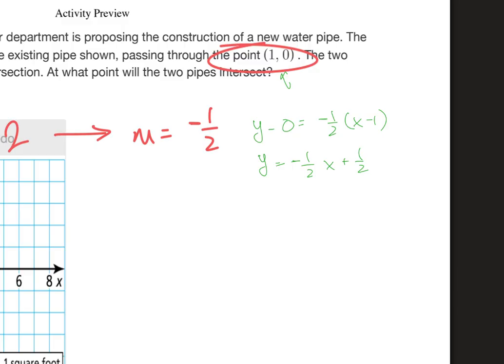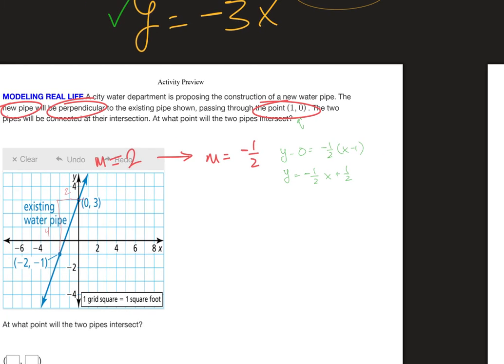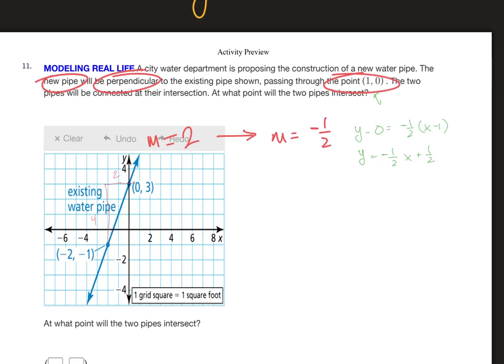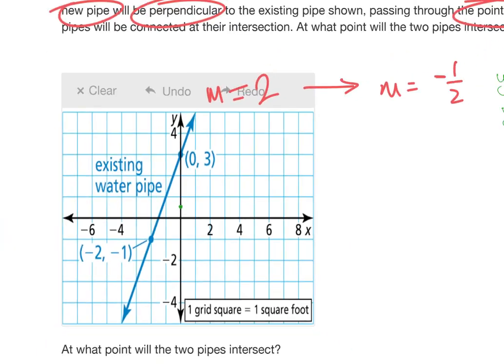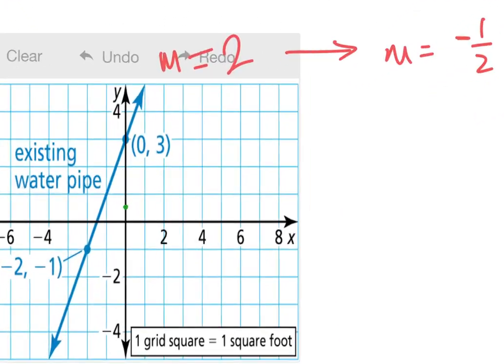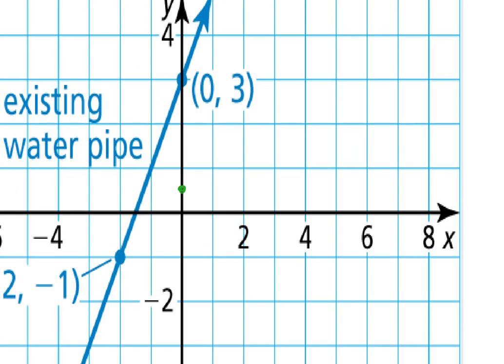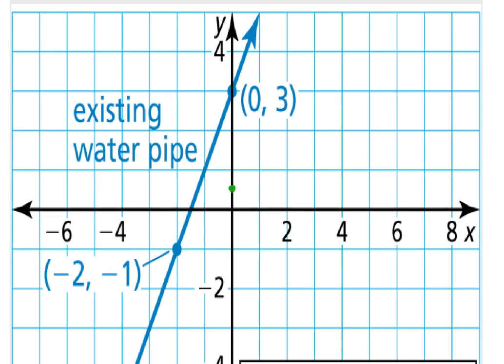1/2. Okay, so let's go over here, see if we can graph it and kind of get lucky on where they will intersect. You never know. So positive 1/2 is right there, and it's going to go up 1 and back 2. There's the new spot.